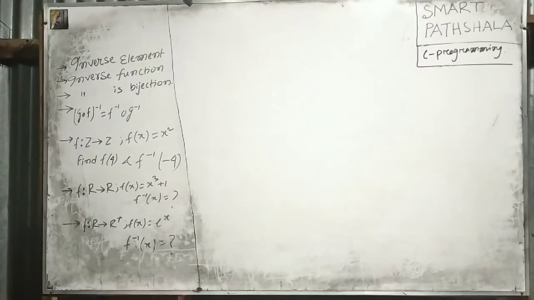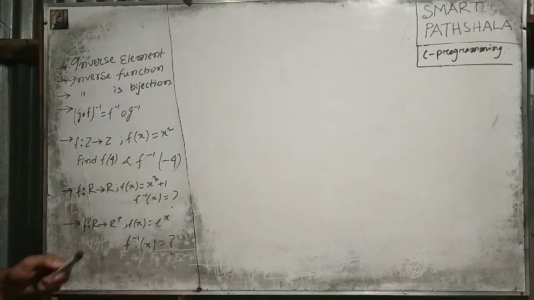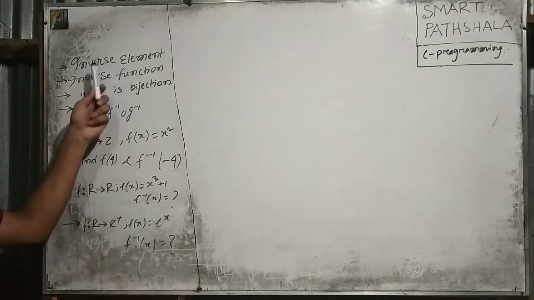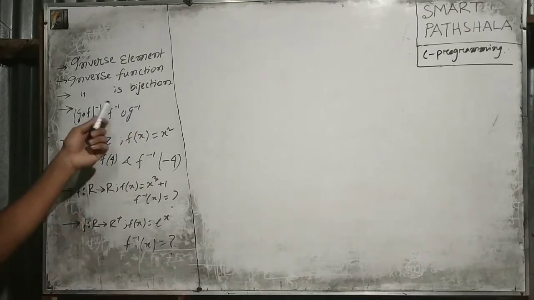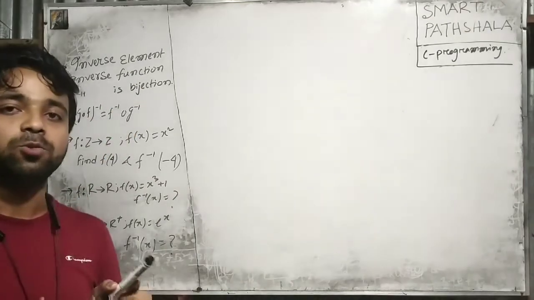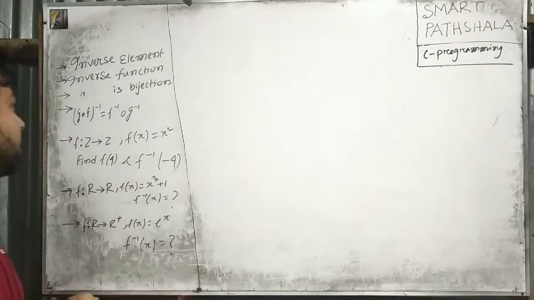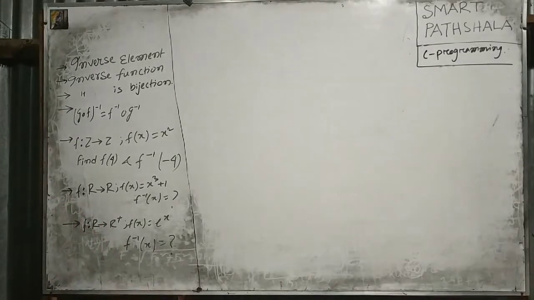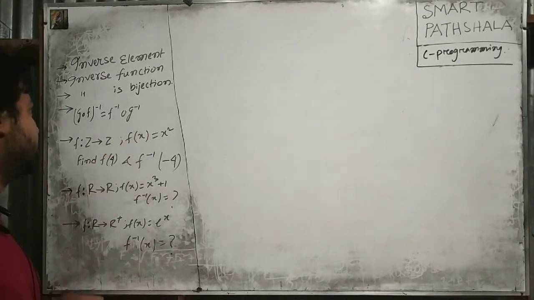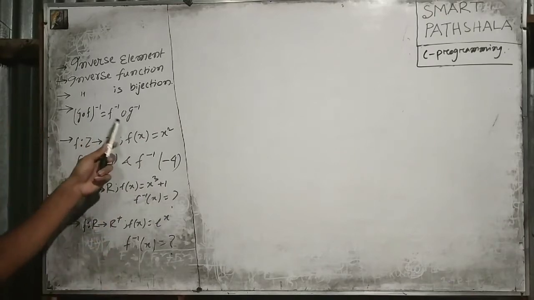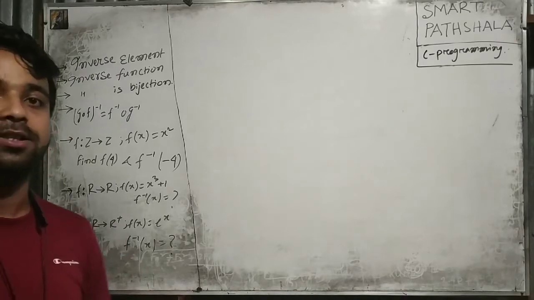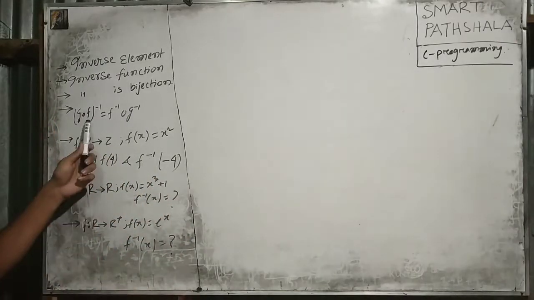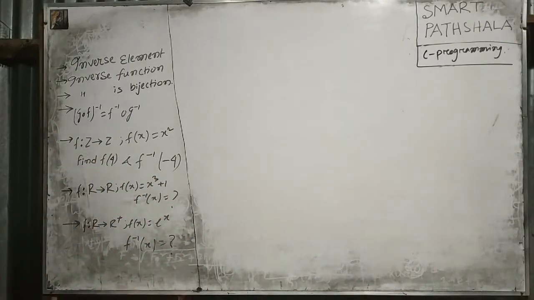Okay. Now in this video we will be looking at the inverse element, and then we will come to inverse function, and then we will see that for a function to exist as invertible, it is mandatory for that function to be bijective. And we will see a property for g of f, that is, this is a composite function we have discussed in the previous lecture.